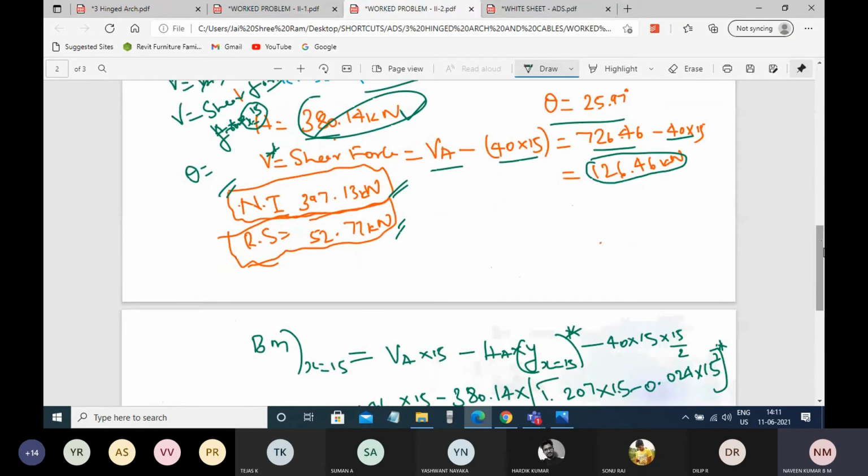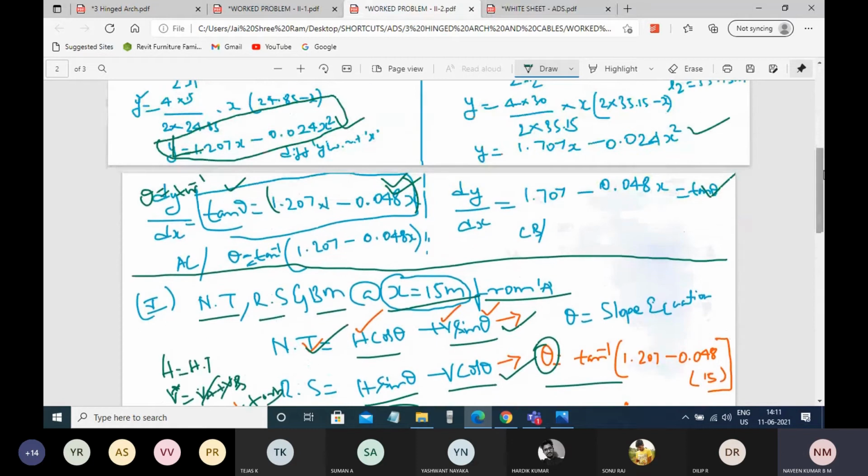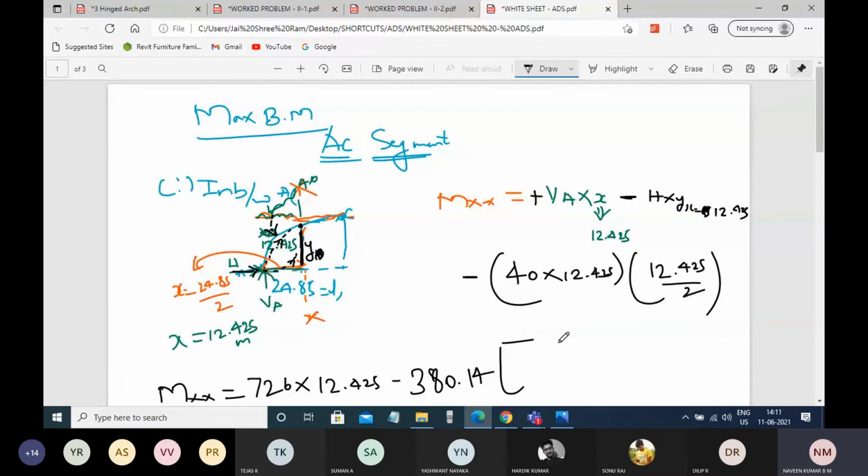Which segment do you need to consider? You need to consider the AC segment. So this equation, where x equals 12.425: y equals 1.207 times 12.425 minus 0.024 times 12.425 squared, x squared.